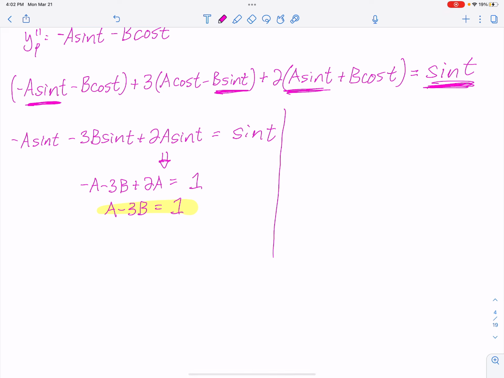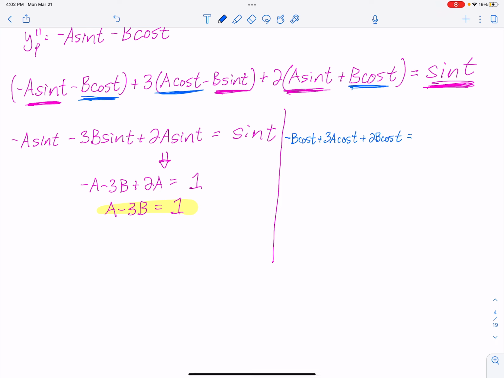Okay, now I'm going to use the cosines to create an equation. Let's do that in a different color. So I got all three of those: negative b cosine of t plus 3a cosine of t, plus, that third one is b cosine of t times 2, so 2b cosine t.